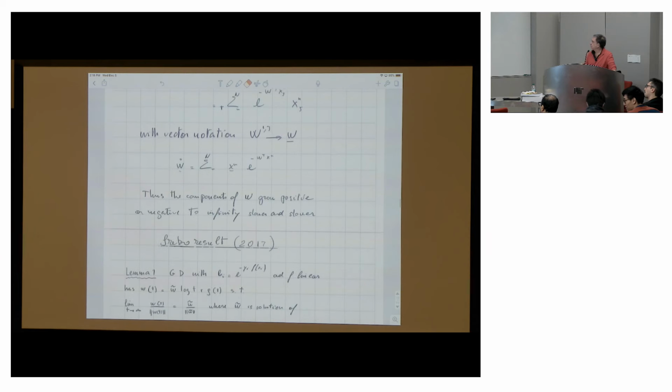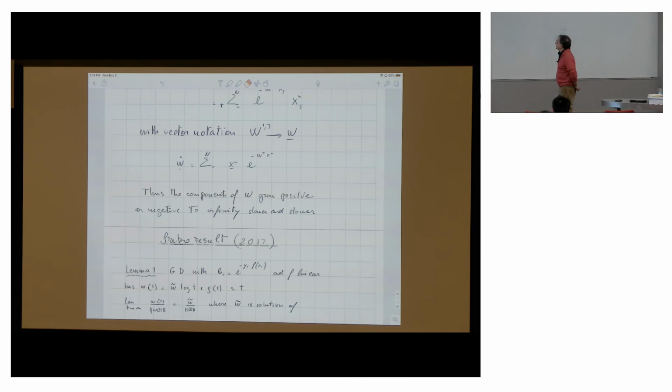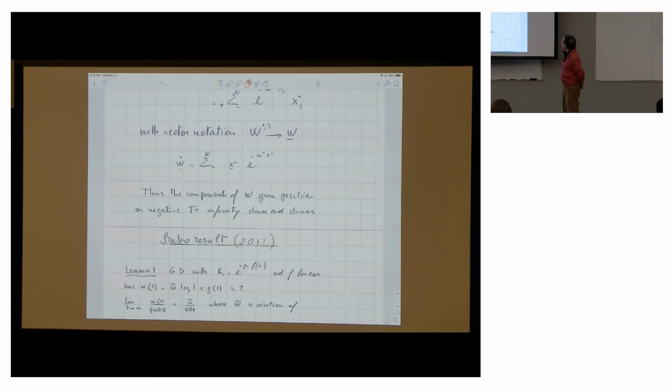If I use vector notation instead of the matrix components, w dot is this linear combination of the xn with these exponential terms.